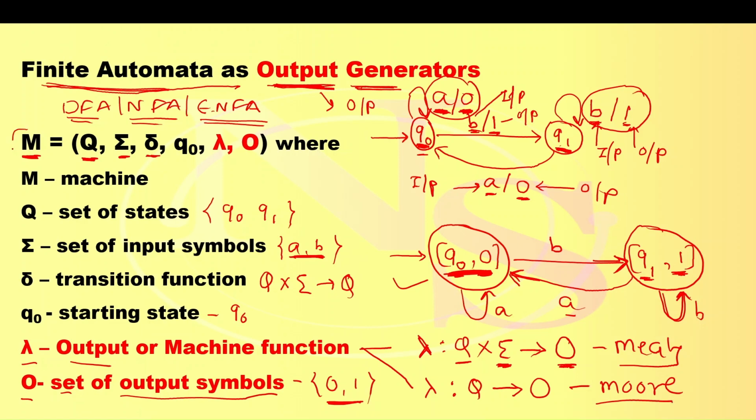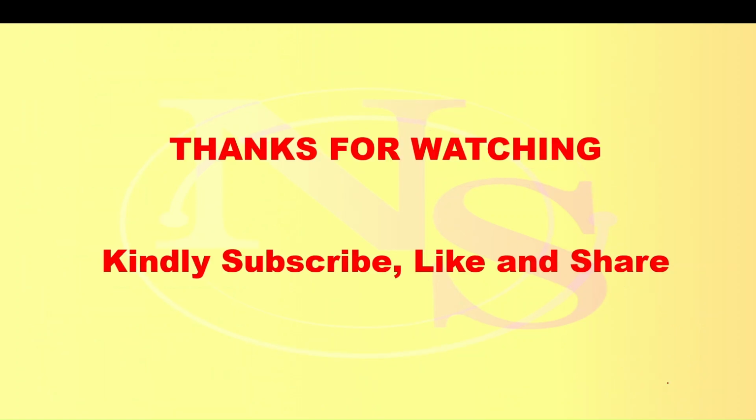And this is the formal definition of both. The difference is in terms of lambda, the output function or machine function. These differences define what a Mealy Machine is and what a Moore Machine is. And these are called output generators. In the next few examples, we will see all varieties of questions that can be asked on the design of the Mealy Machine and Moore Machine. Thank you for watching.